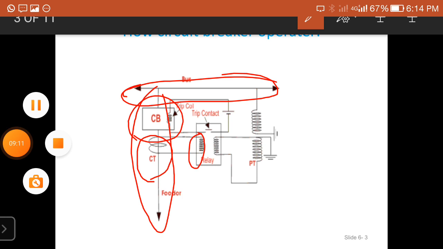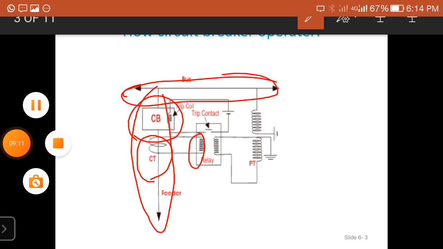That circuit breaker is connected to the tripping coil. This is the tripping coil. The tripping contact is connected to the relay coil. The primary of the relay is connected to the secondary of this CT, and the secondary of the relay coil is connected to the potential transformer. This is the construction of a circuit breaker.